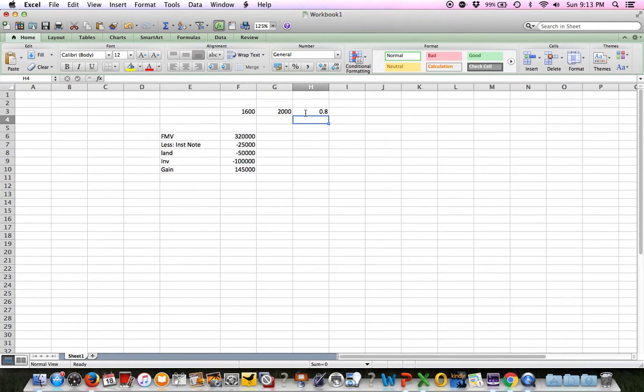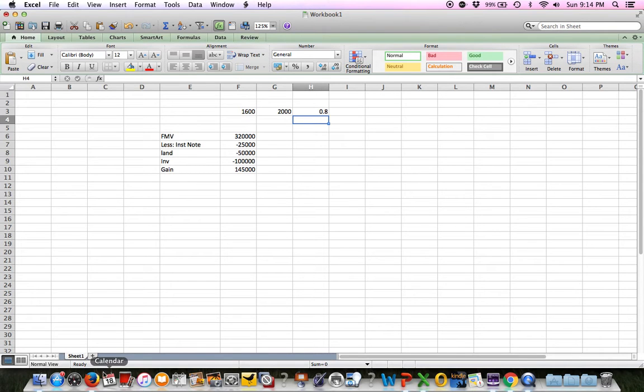So what he then does is defer that gain, the 145,000 gain. His basis in the stock, just so you know, is 175.